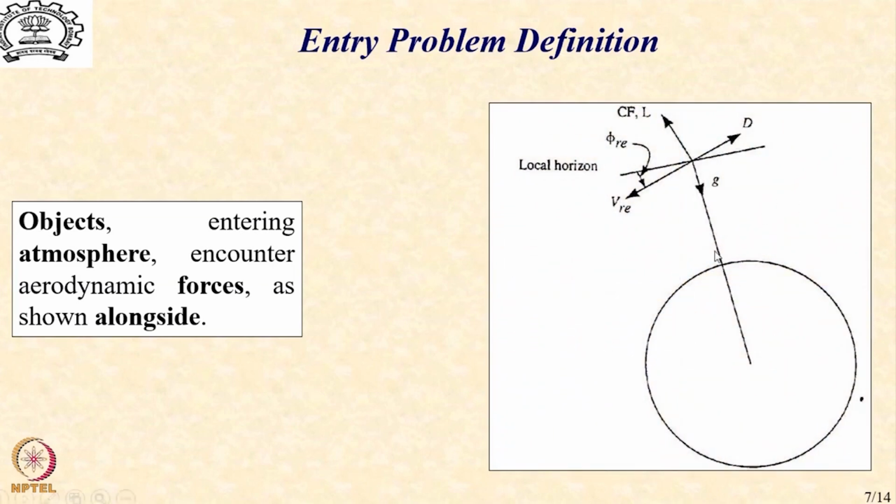We make use of a spherical Earth model, and then we say that there is a concept of local horizon, which is nothing but a tangent at the intersection point and represents the local horizon of the object, with respect to which we now define an entry velocity, what we call V_RE, and a flight path angle, or what we call the elevation angle, phi_RE, which is in the opposite direction, and generally it's a negative number.